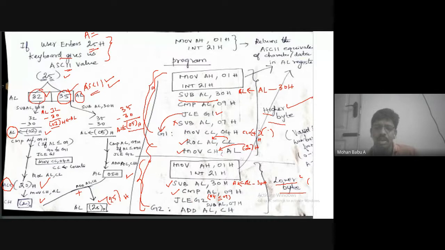The value of AL is lesser than or equal to 09. It will move directly to subroutine G2 and perform the instruction add AL, comma CH. AL is a register which will hold the result of the lower byte ASCII value.